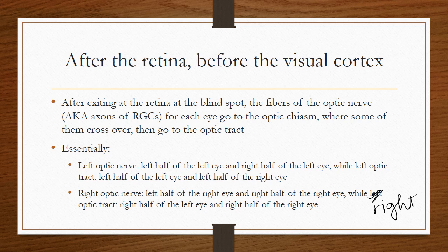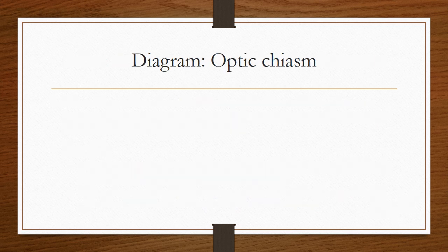So let's talk about this a little bit more with a diagram. Essentially, if this is the optic chiasm, it kind of looks like this on an anatomy model, but not that great of a drawing. Let's just call this the optic tracts over here, and the optic nerves over here.